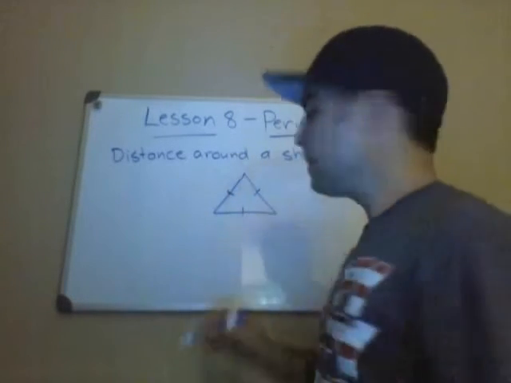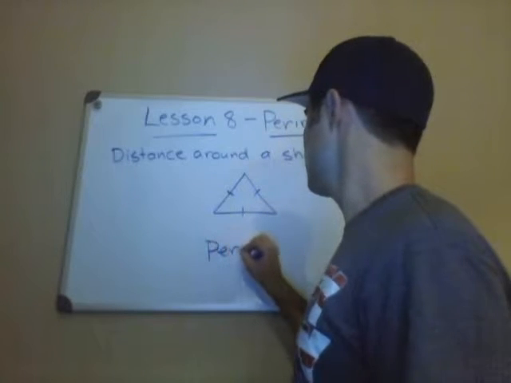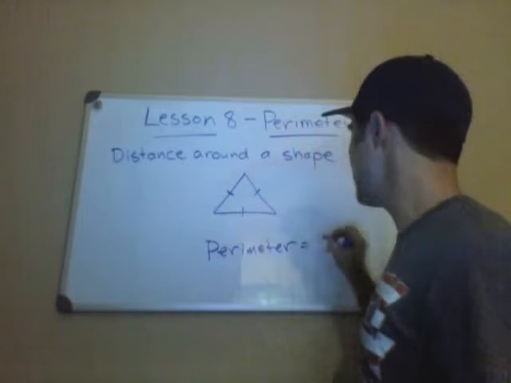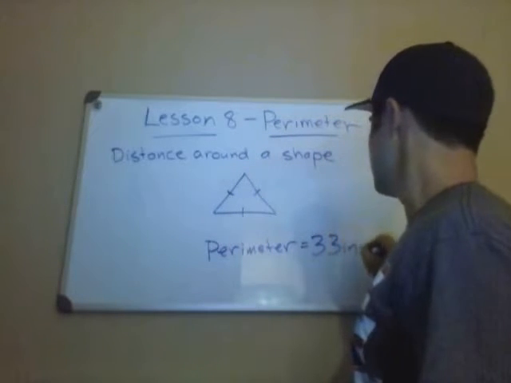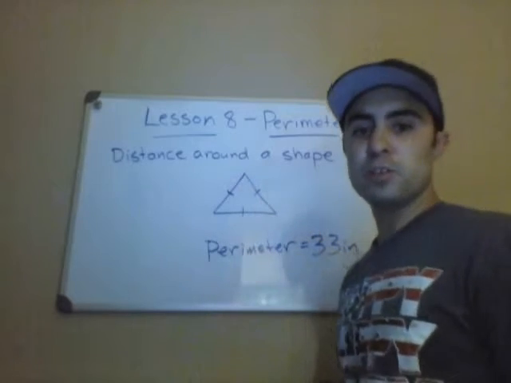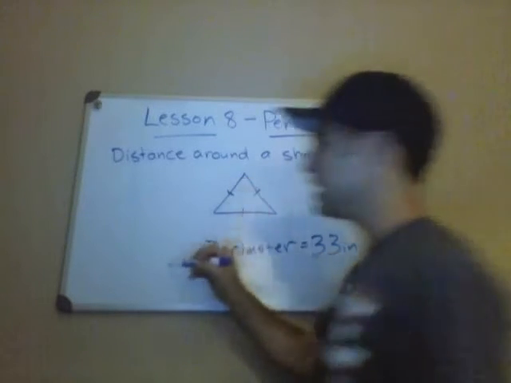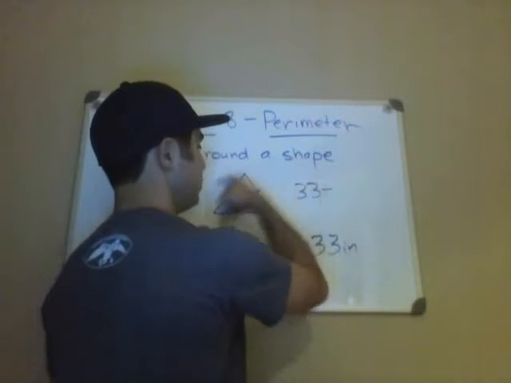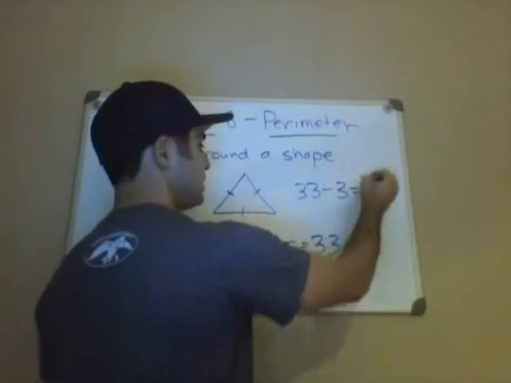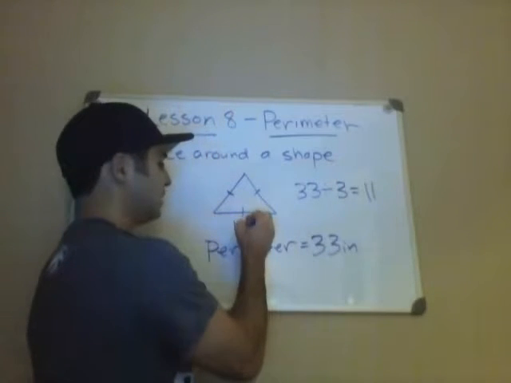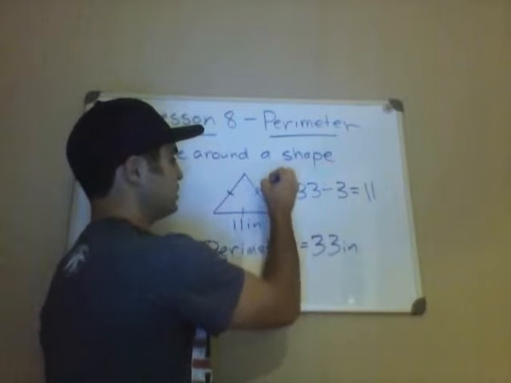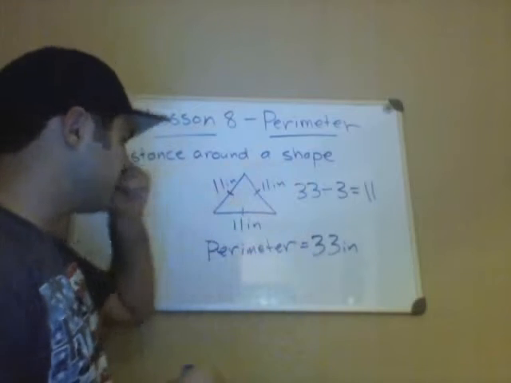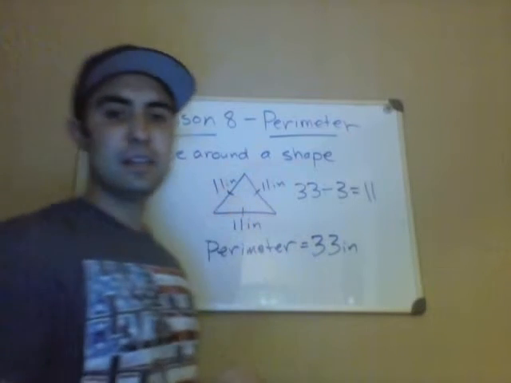If we are told that the perimeter of this triangle equals, let's say, 33 inches, we know that all these are equal. So let's take 33 divided by how many sides? Not 4 sides. 33 divided by 1, 2, 3 sides is 11. This means that each side is 11 inches long. So the perimeter is 33 inches, and an individual side is 11 inches.